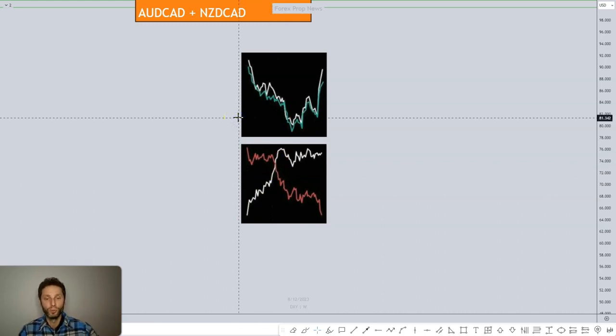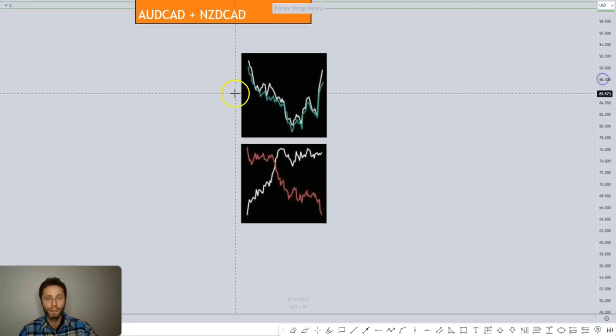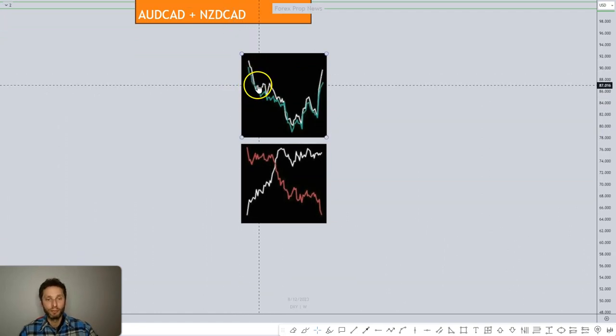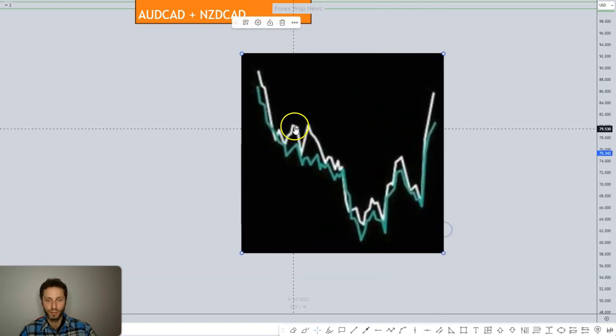Now, how do we use this to our benefit? That's the main question. I'm sure that's what you want to know. Well, first of all, if we have, for example, here on this white chart, just increase it. If we have an idea to sell, what we want to see is the market on the other pair, the other chart, also in a sell mode.